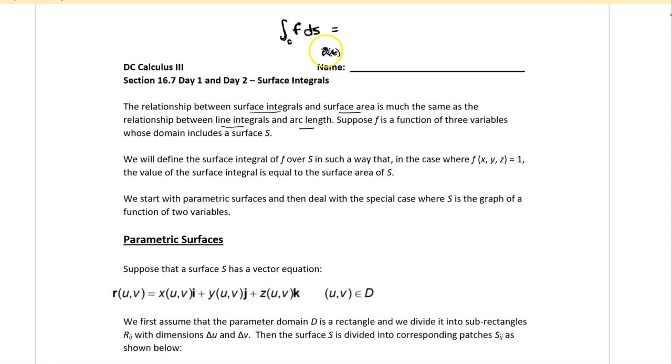We parameterized our x, we parameterized our y, and then our ds got replaced with the square root of x prime squared plus y prime squared dt. We thought about that like the magnitude of r prime of t.